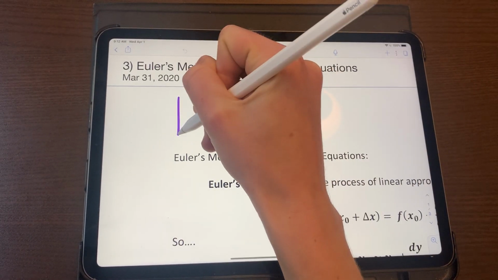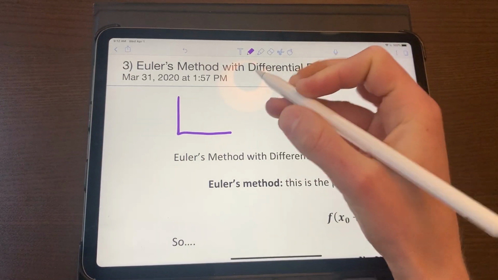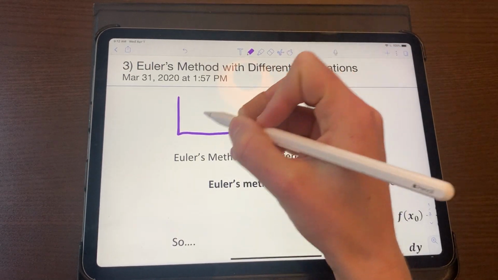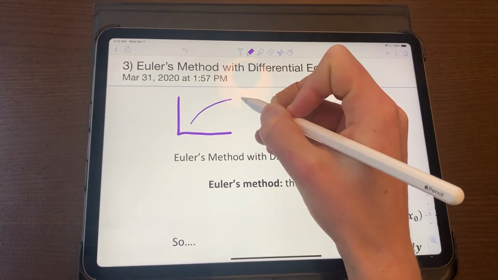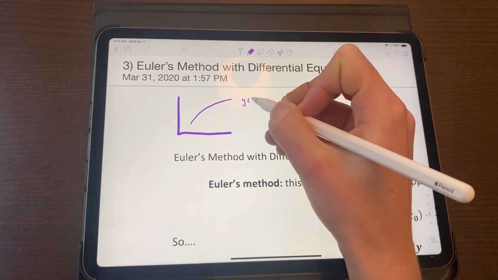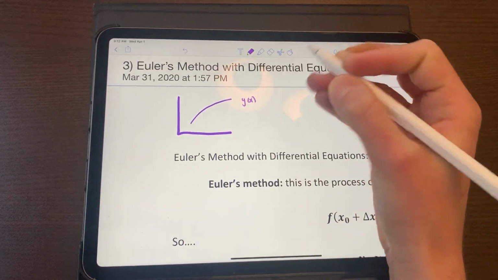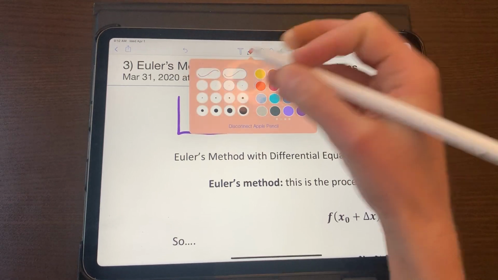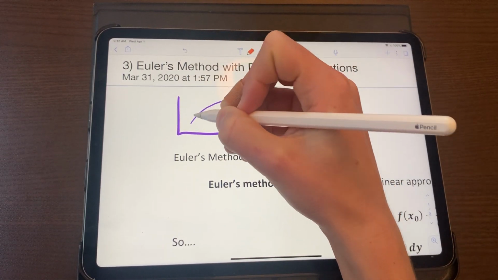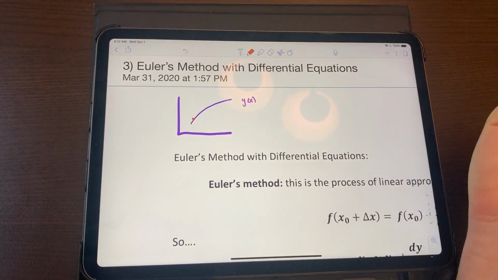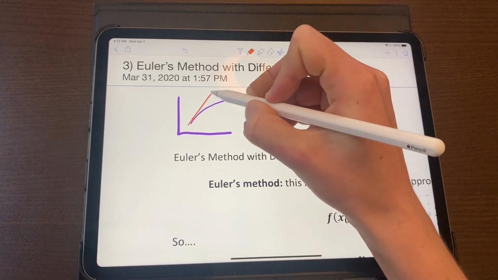What we're doing in Euler's method is, here's a graph, and let's say this is y of x. We're taking a point on y of x, and we're going to draw a tangent line to it.